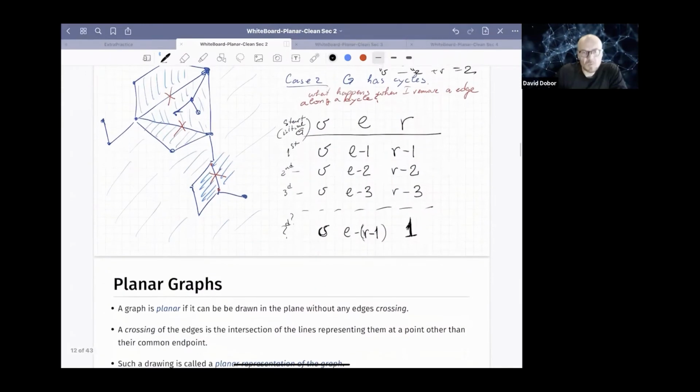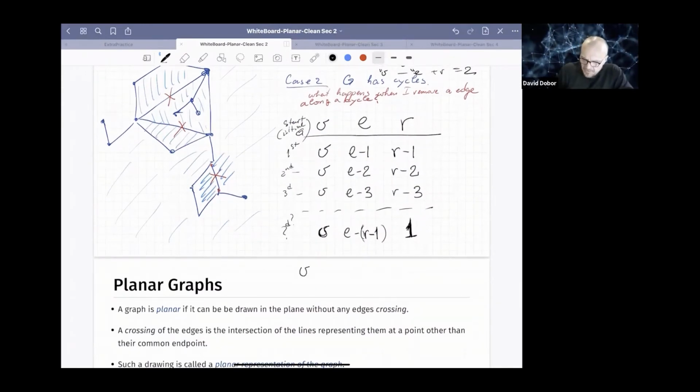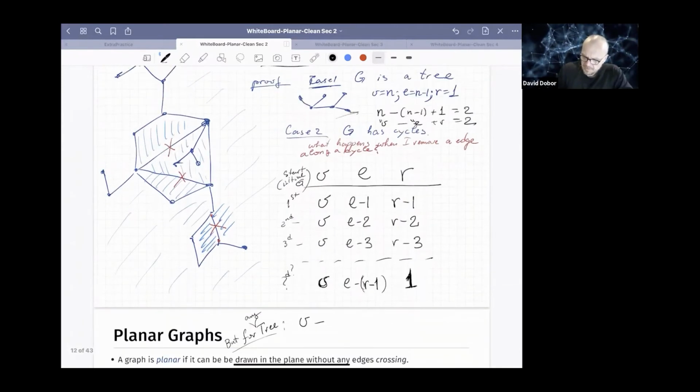So what we're claiming is, for any tree, V, we just proved it here, minus the number of edges, which is one smaller than the number of vertices, minus the number of edges, E minus (R minus 1), this is the number of edges that we're left with, plus the number of regions is going to be 2, right?